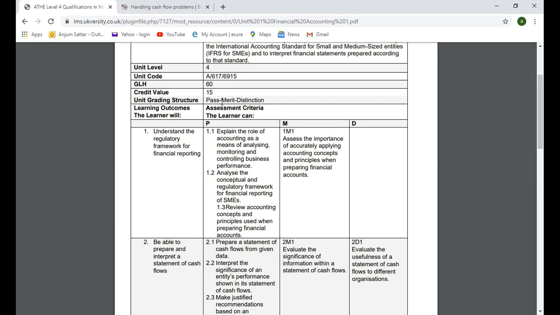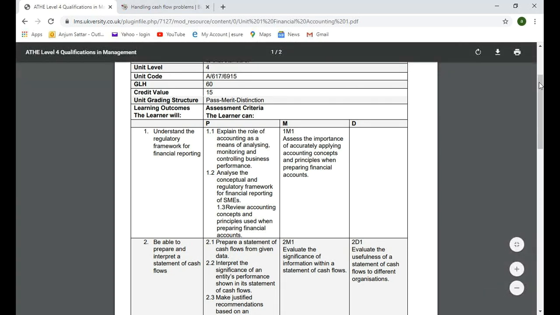We discussed the qualitative characteristics of financial statements, and we also discussed accounting concepts, going concern and accrual basis, as well as comparability, verifiability, understandability and prudence. All these concepts we discussed during lesson 1.